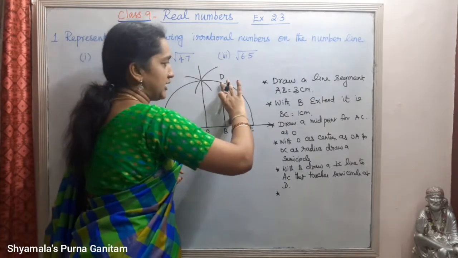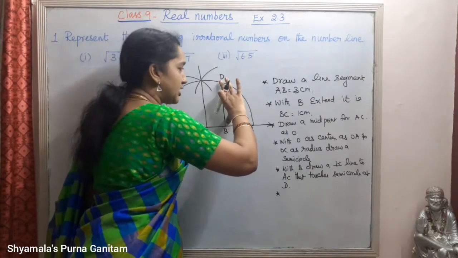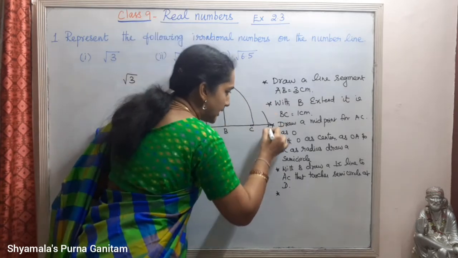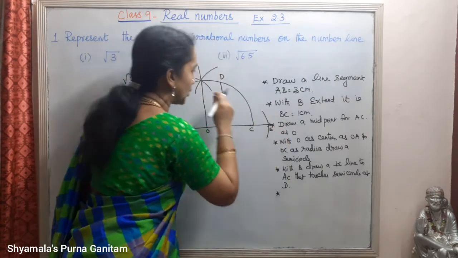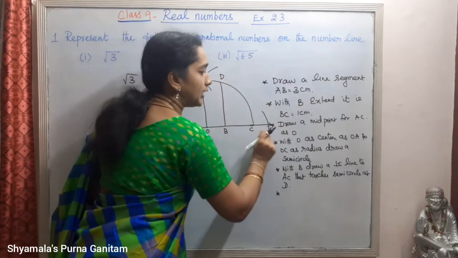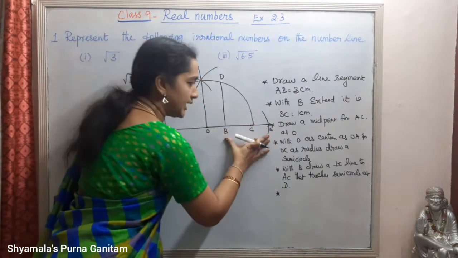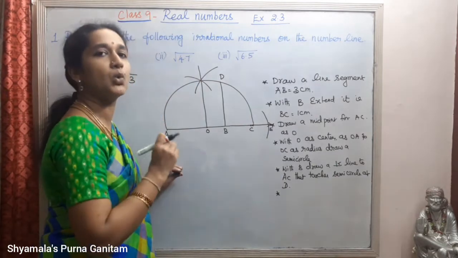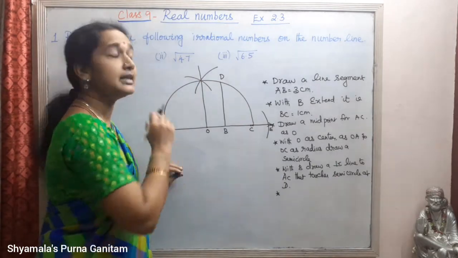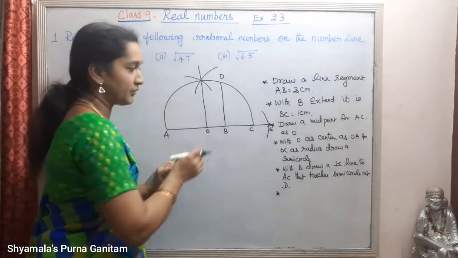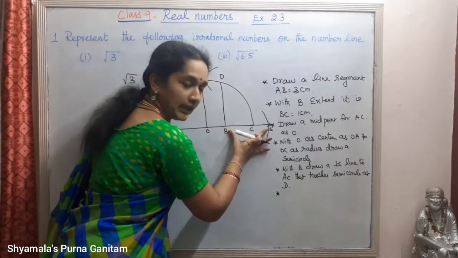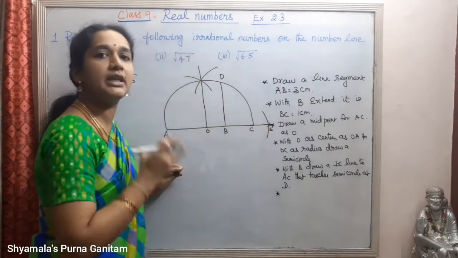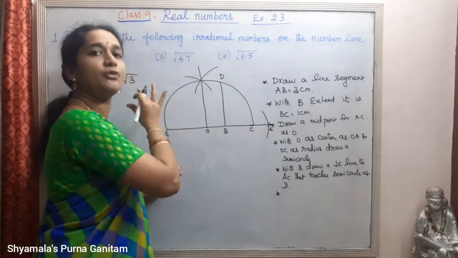So we measure BD, and from B we cut that length on the number line at E. So BD is equal to BE. When we find the value of this BE, it will be 1.73, which is the value of root 3. The length of BE is equal to the value of root 3.